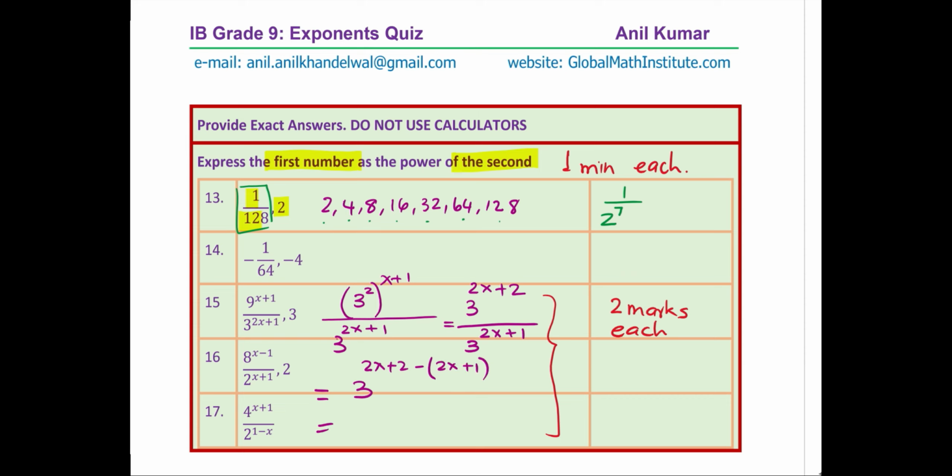So that gives you what? Well, 2x minus 2x is 0, and 2 minus 1 is 1. So that gives you 3 to the power of 1, which is 3, the number itself. So that is how you could actually answer question number 15.